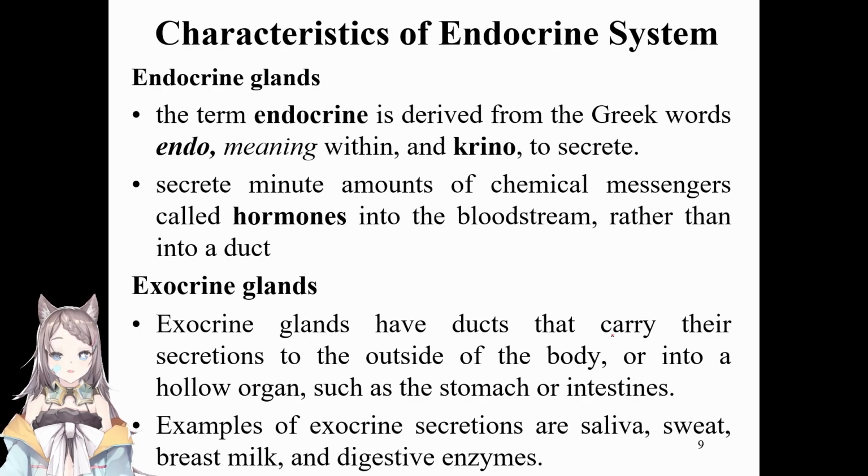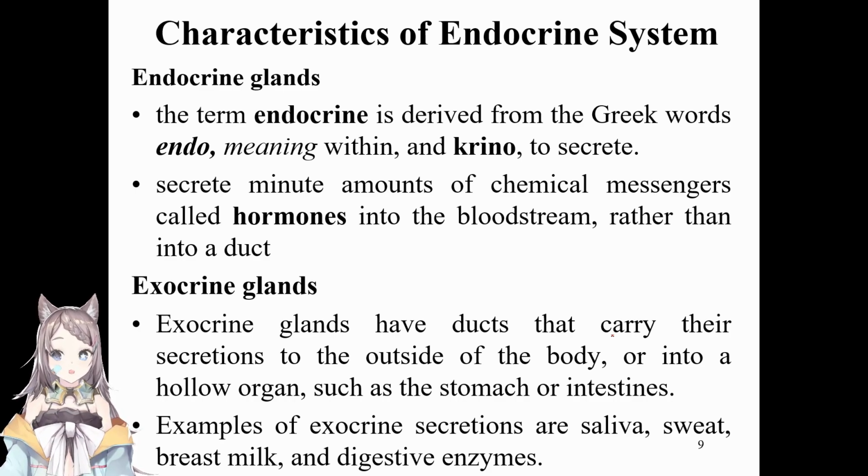So what are the characteristics of our endocrine system that make it unique from our other systems? What makes it unique is our glands, our endocrine and exocrine glands. When we say endocrine, it is derived from the Greek words endo, meaning within, and krino, meaning to secrete.